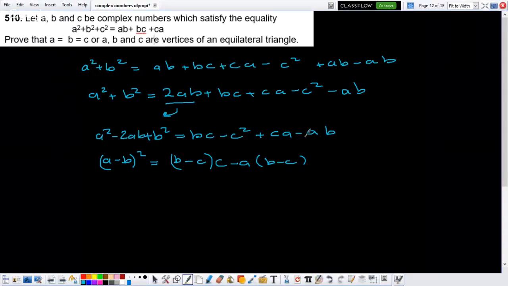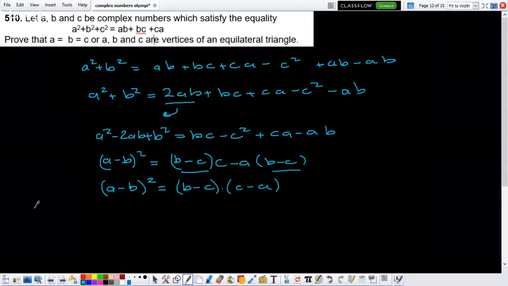If I get minus a parenthesis, it will be b minus c. And I will get the common terms out again here, so here b minus c times c minus a, it's going to be.